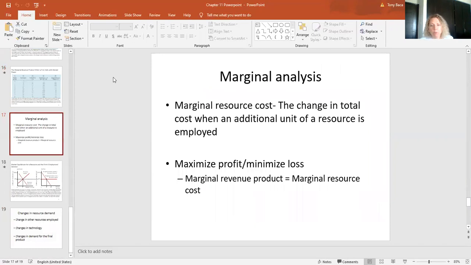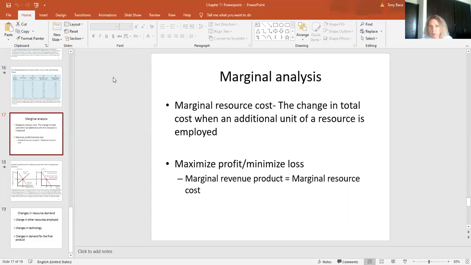Okay, and so it really all comes down to this. Okay, we calculated marginal revenue product, the additional revenue we got from production for each additional unit of a resource, in this case, labor. When we compare that to the marginal resource cost, I threw a number of $100 out there, right? But you'd actually need to know what your resource cost would be.